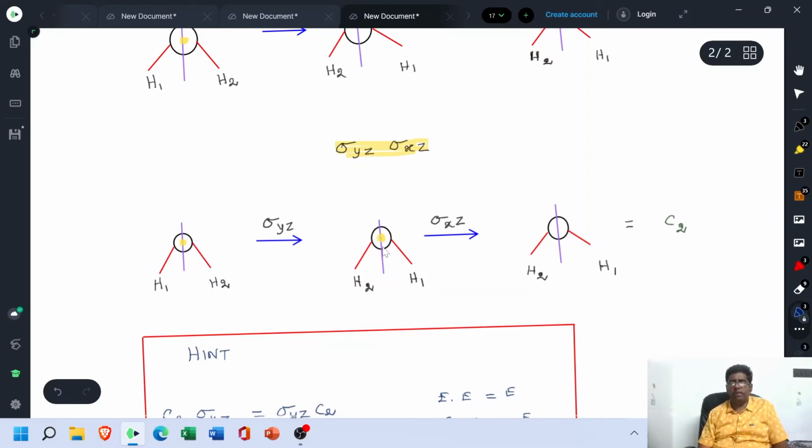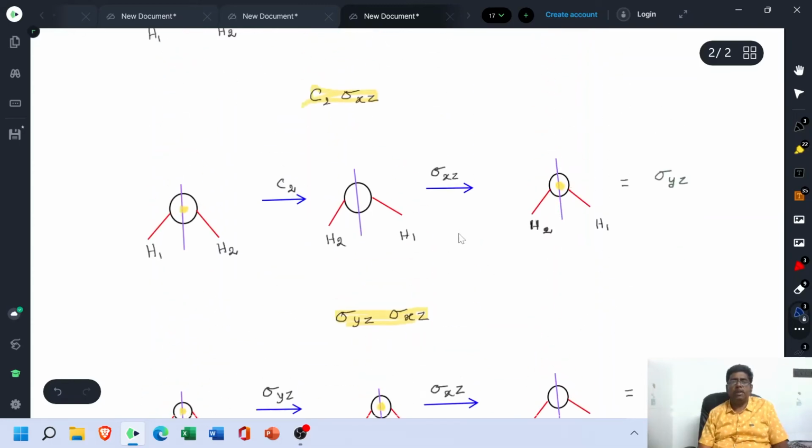Then further allow this molecule for the sigma XZ operation, which means the reflection through the horizontal plane. If you do that operation, these two hydrogen atoms maintain their positions as such. However, the phase of the oxygen is changed. So the newly arrived structure is our C2. So sigma YZ into sigma XZ is our C2.